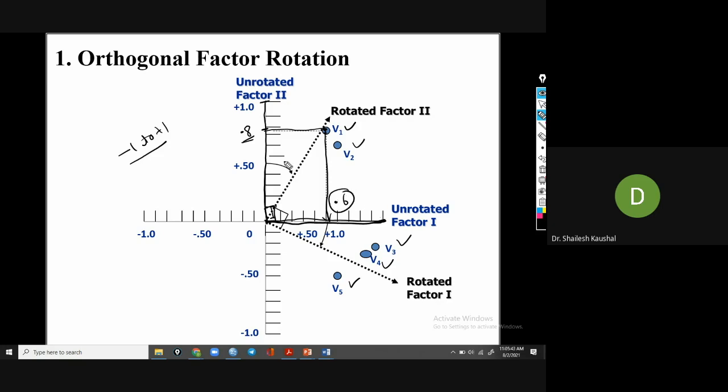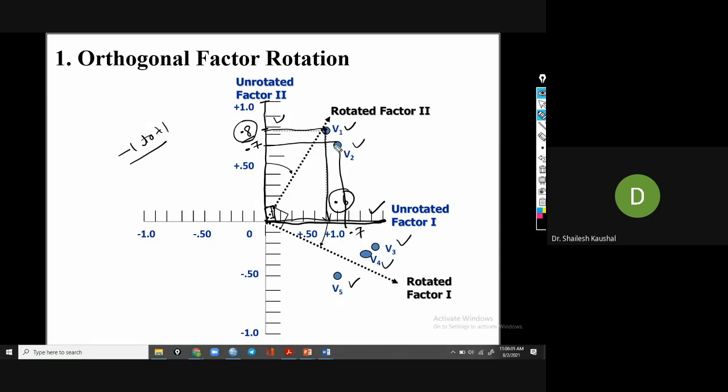So it is giving a high value in both components, in component 2 and unrotated component 1. And variable 2 is also giving a high value like this. If I project here, it's almost 0.7 and it's also 0.7.